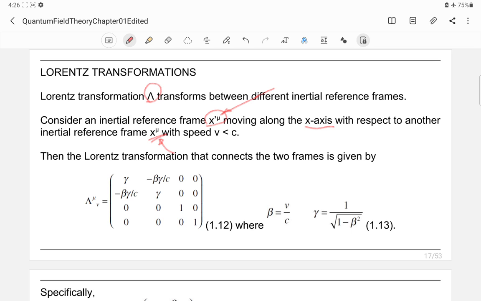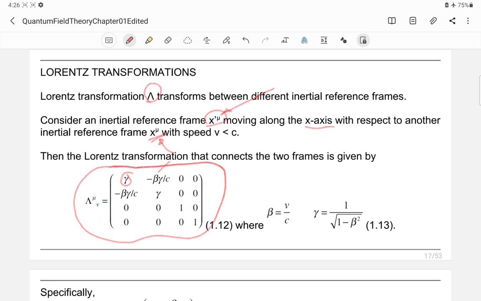So the Lorentz transformation that connects the two frames is given by this. And this only changes the lambda, the beta, depending on the velocity of the system.